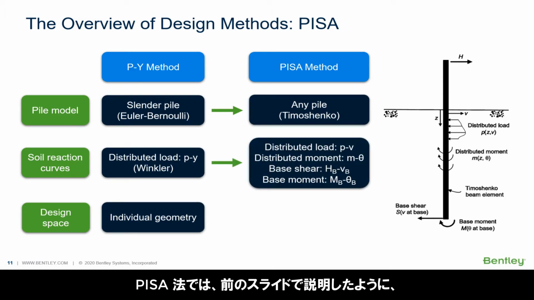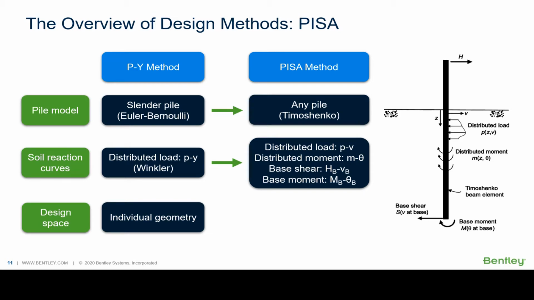However, in the PISA method, as we talked before, the additional soil reactions are accounted for. They are, as you see here, distributed moment along the pile, and the moment and the shear at the base. This is due to the different failure mechanism.